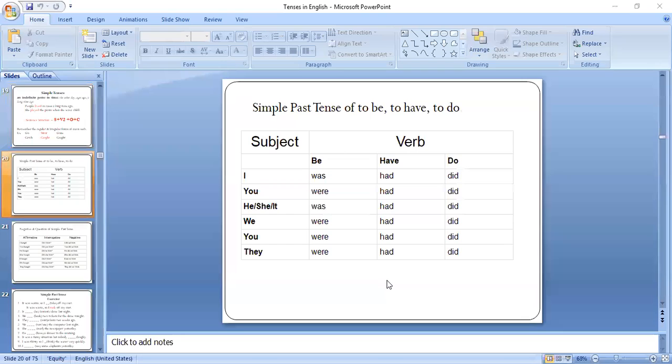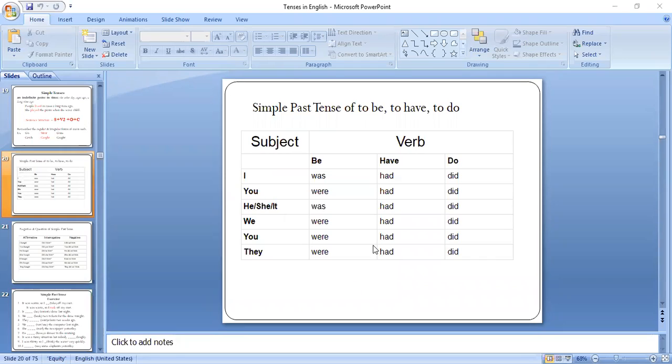Then there comes the subject and verb chart. We have discussed it. If the subject is a pronoun, what form of to be, what form of to have, what form of to do should we use in front of these?